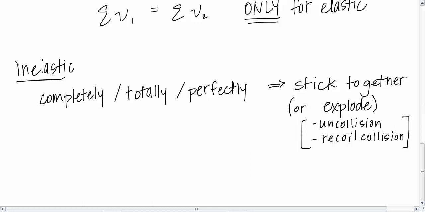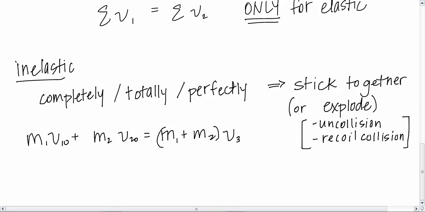So what happens, either you've got two masses initially separate, and they are going to stick together, and by sticking together they have a common velocity. So M1 and M2 are together, and a lot of times I call their common velocity V3 because I haven't used the subscript 3 yet. That is the answer.